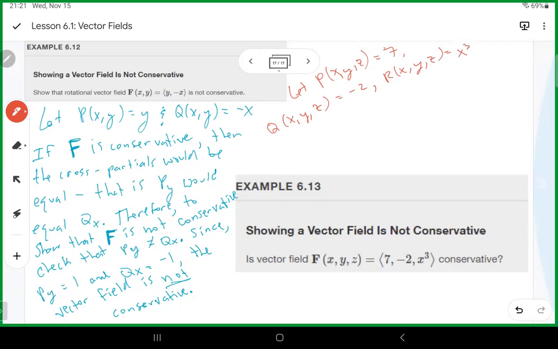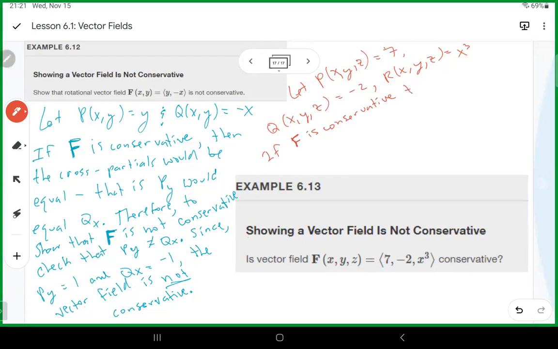So again, if F is conservative, then we would have to have a bunch of things happen.